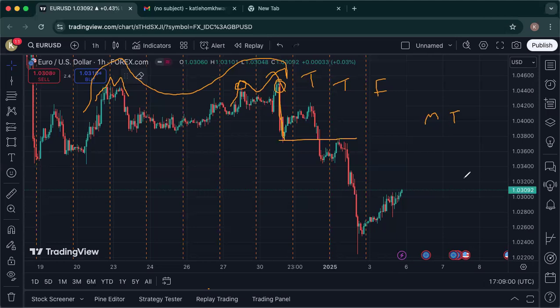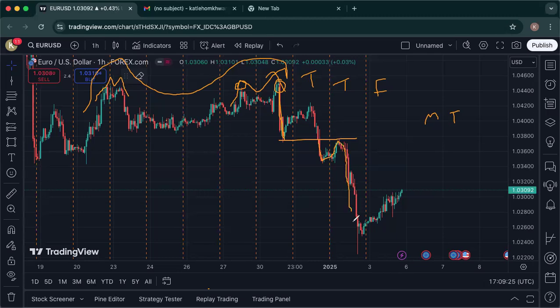Yeah, something like that. I respect that zone, or that became a support. Then Tuesday it went up, and then going into Thursday, I respect that; it then became a resistance and then broke down.